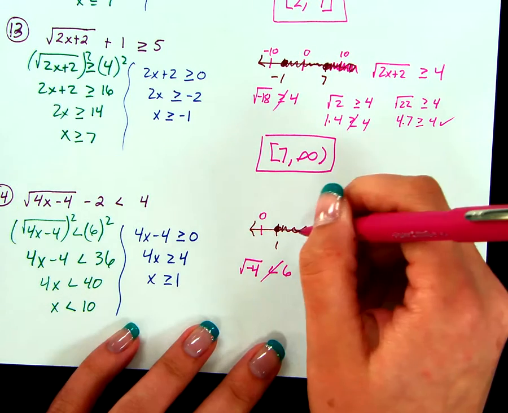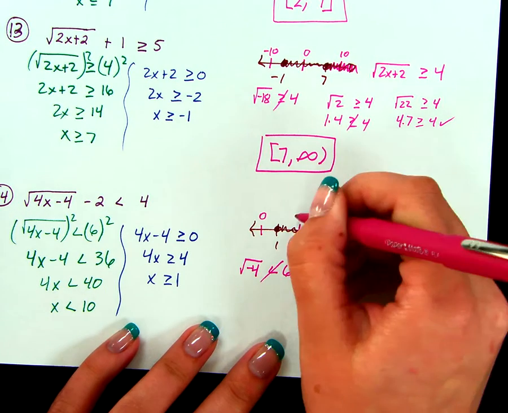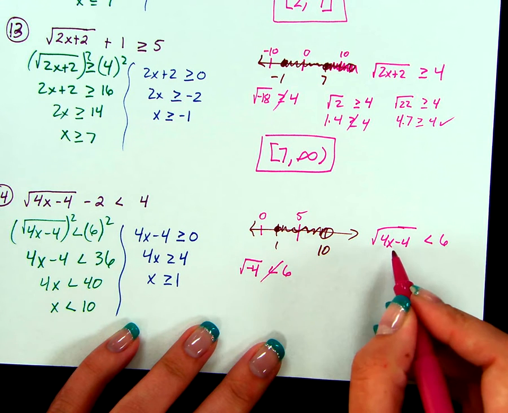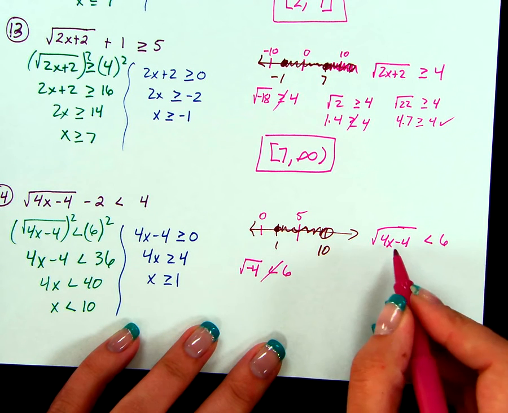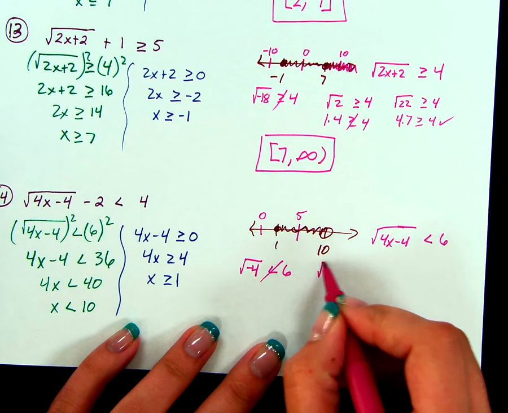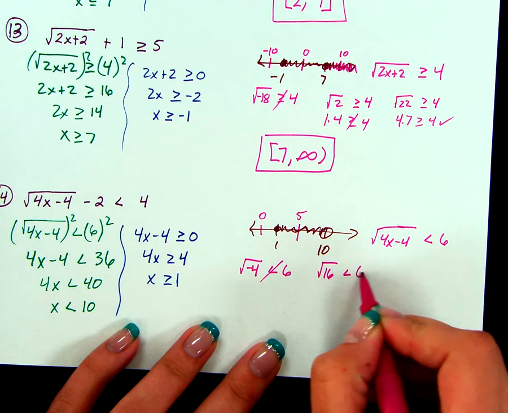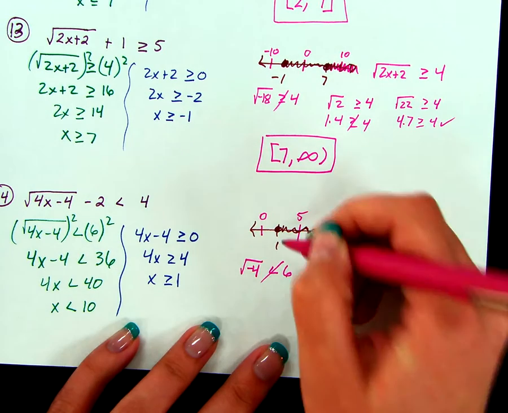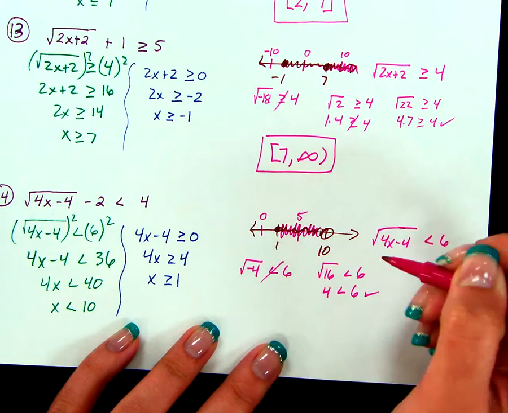If we test a number in between, let's maybe test 5. 4 times 5 is 20, and then minus 4 would be 16. So we have the square root of 16 less than 6. 4 less than 6 is a true statement. So here we are going to have the shaded part.